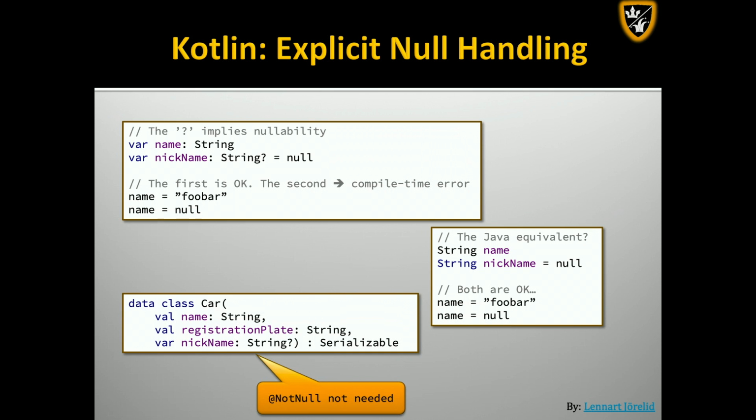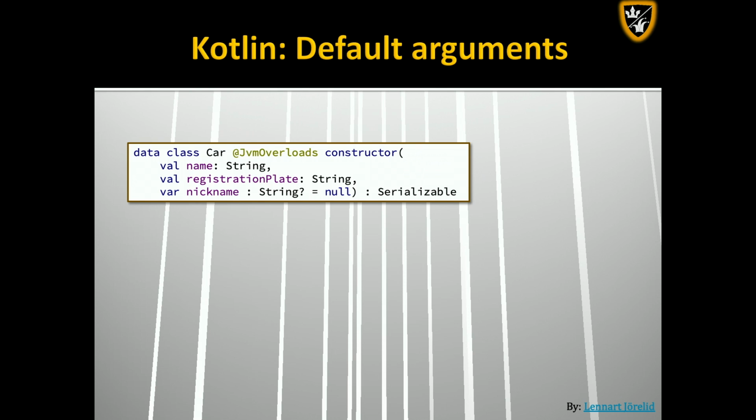Right, so let's go to the next logical conclusion. So a data class car, we still model an entity here, but in this case, we've got something that I really have wanted for quite a few years in Java, default arguments, right?